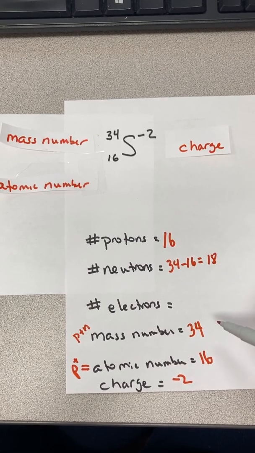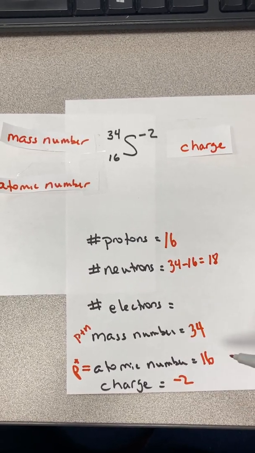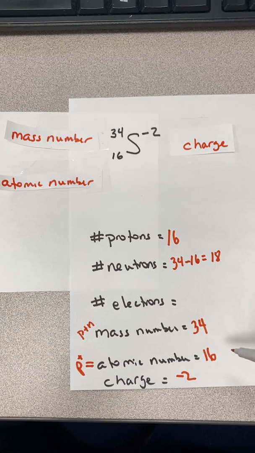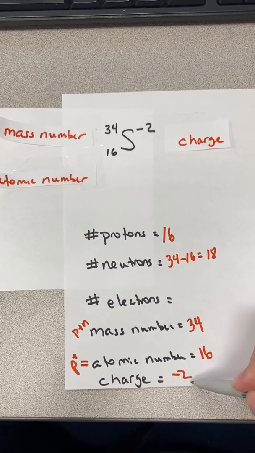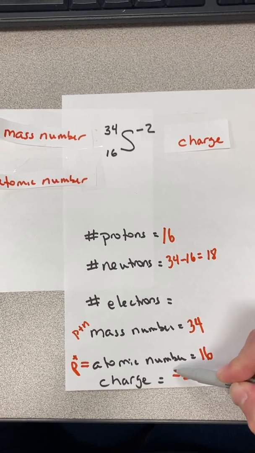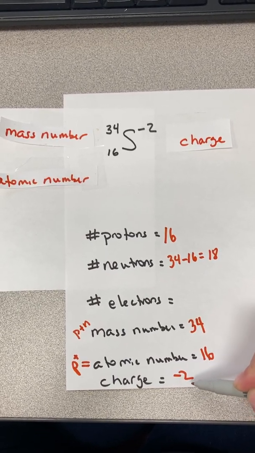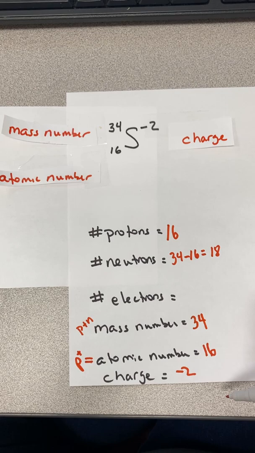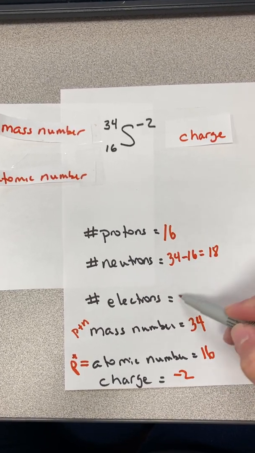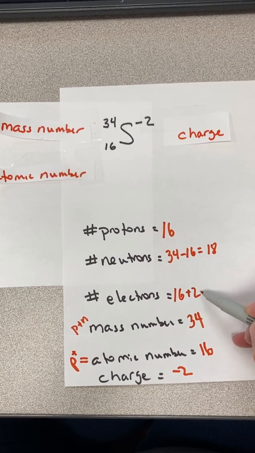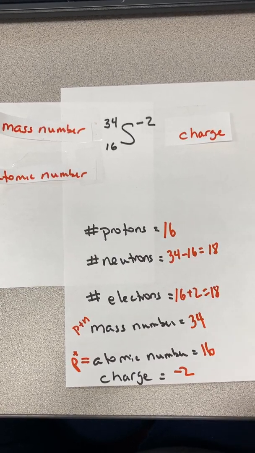We have 18 neutrons. Now let's take a look at the electrons. We know the electrons in this case is not equal to the protons because there's a negative charge. That negative charge means that we have more electrons than we have protons. And we have 2 more electrons than protons. So 16 plus 2, 18 electrons.